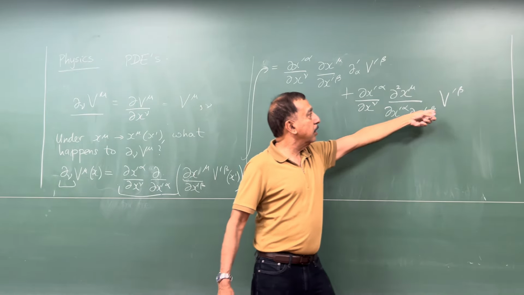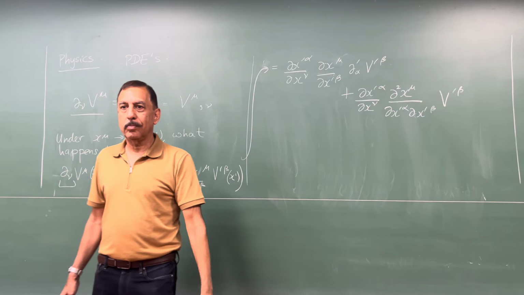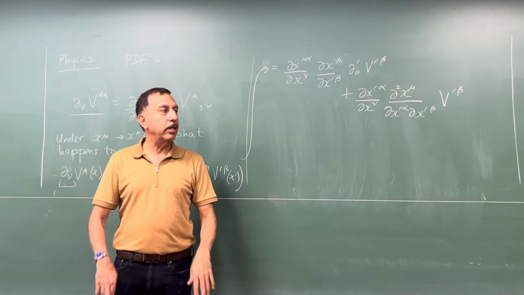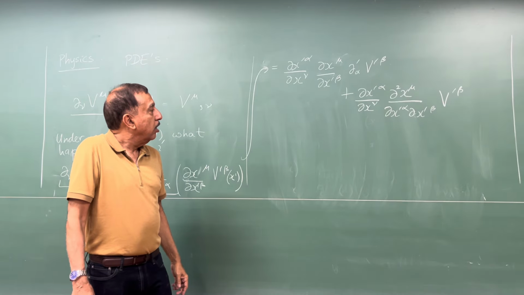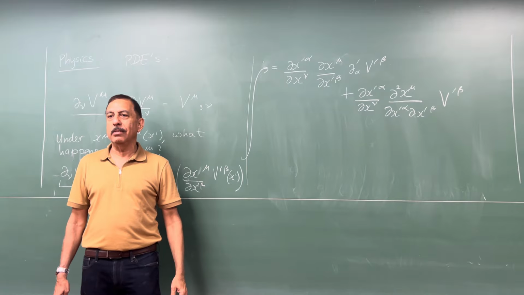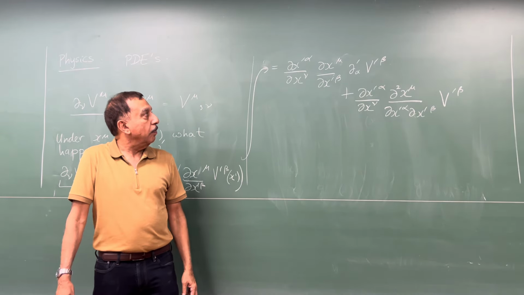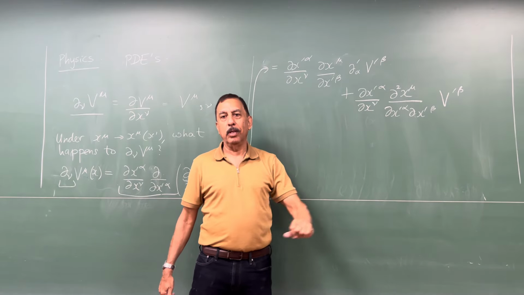Because this term has a piece that is there even if the vector is constant. Anyway, the point I'm making is that this transformation doesn't guarantee that del of v equals 0 implies del prime of v prime equals 0.